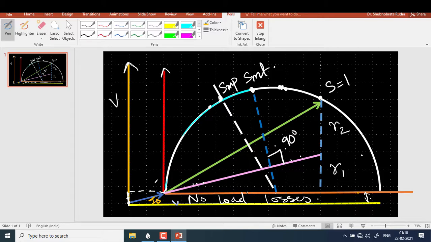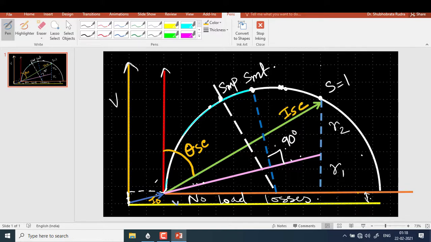Now on this line, from the tip of I naught we draw a line that is parallel to V. From this line we draw theta is C, and this was ISC.